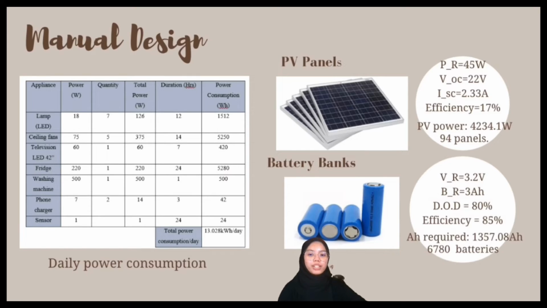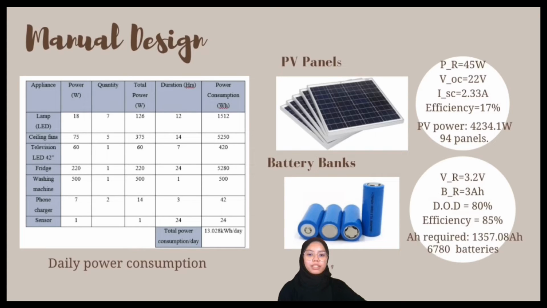Therefore, we can find the PV power, where the PV power is 4234.1 watt. From that, to get the number of PV panels, we divide the PV power by the rated power of the PV panel, and we get 94 panels based on the PV power.